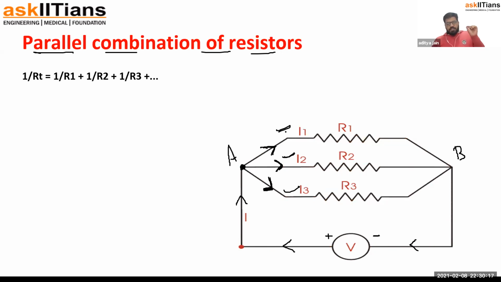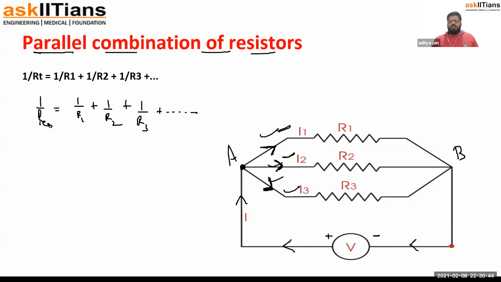Why? Because at junction A, there were three directions possible for the current to flow. Then those three directions are said to be in parallel combination. Is that clear? So the equivalent resistance for parallel combination is given by 1 by R equivalent equals 1 by R1 plus 1 by R2 plus 1 by R3.